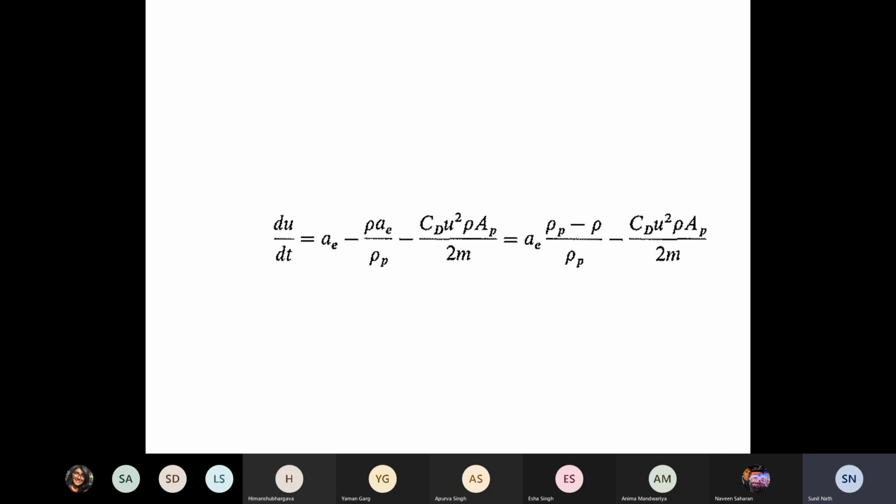But if you had a sphere, you would put the correct CD for the sphere, because you know the drag force, half rho u squared into CD into AP, so you can always obtain the CD for the sphere. As far as this expression is concerned, you haven't assumed any geometry.